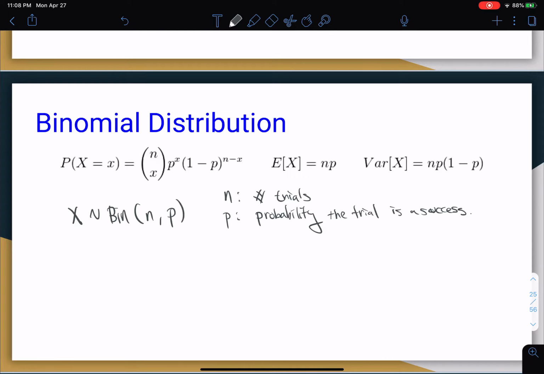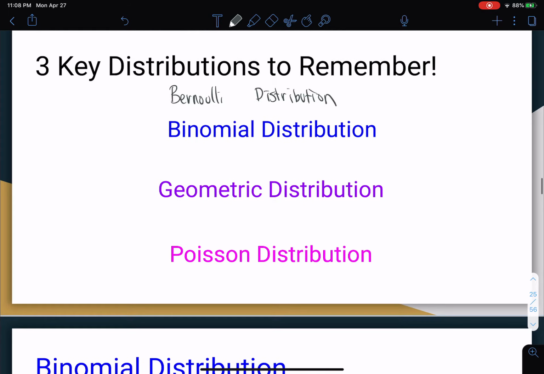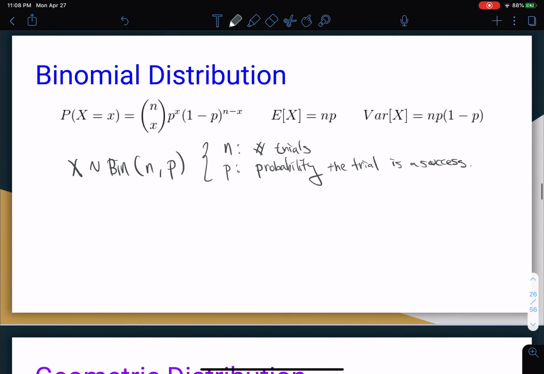And here we have all the expectation and variance. To give you a more concrete idea of what's going on, I'm going to be using the analogy of coin flipping throughout this entire time.